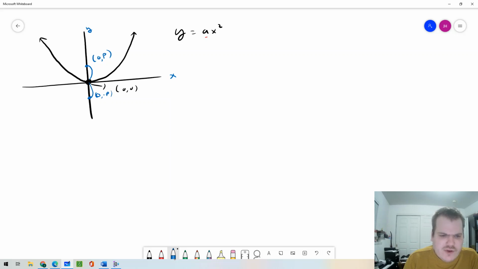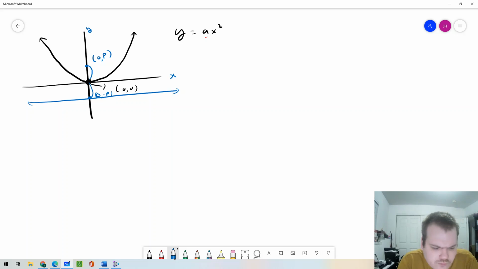Now p is defined to be positive because it's the distance from the vertex to the focus. I can also say that it's the distance from the vertex to the directrix, but distance is always positive. But if I'm moving down, I can say that it's going to be negative p because I'm moving a positive distance in the negative direction. So it would make sense to say that this is negative p, and here's my directrix.